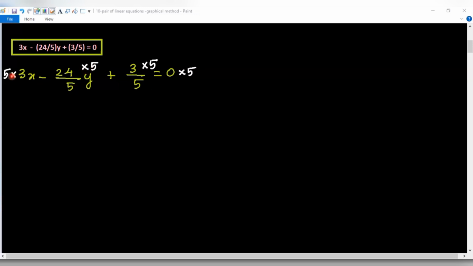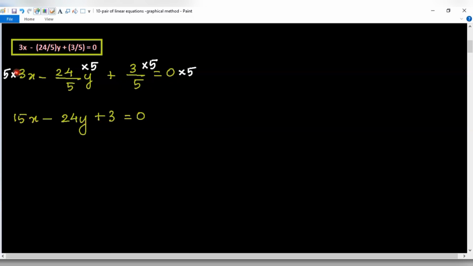See, if we do like this, what happens? 5 into 3, 15. It will become 15x minus. This 5 and 5 will get cancelled. So minus 24y. Then this 5 and 5 will get cancelled. So plus 3 is only left, equal to 0 into 5, that is 0. Okay.